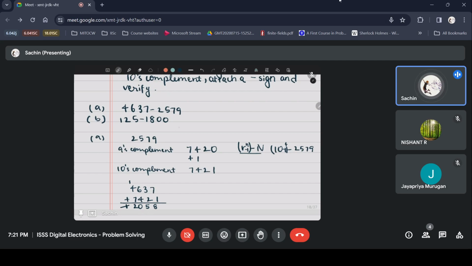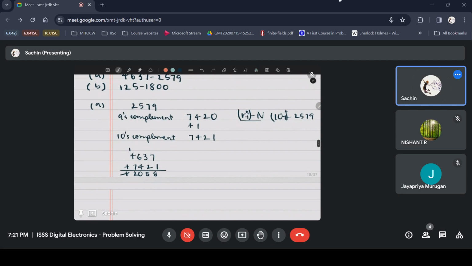If you add 2058 to 2579, it will be 2579 plus 2000 will be 4579 plus 50 will be 4652 or something. You can do it, and check that you will get the same thing.